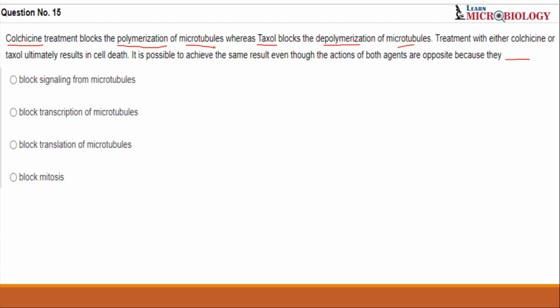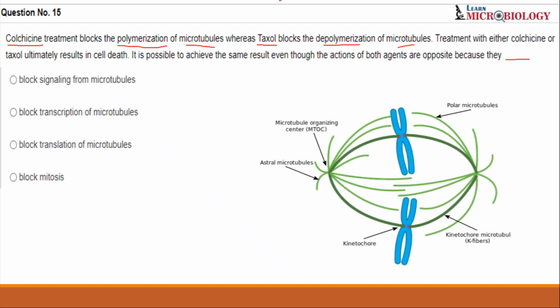You might have heard about microtubules when you studied mitosis. As we know, there are three types of microtubules involved in the metaphase and anaphase stages of mitosis. In the metaphase stage, the chromosomes are aligned at the equatorial plane, and from the microtubule organizing center, various microtubules are formed.